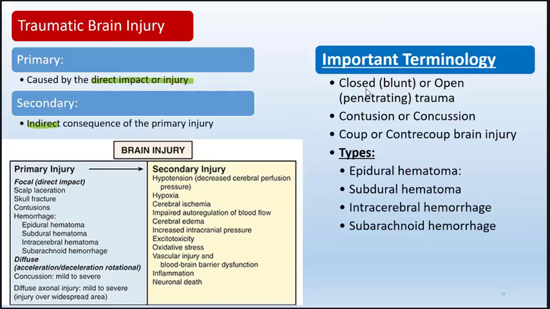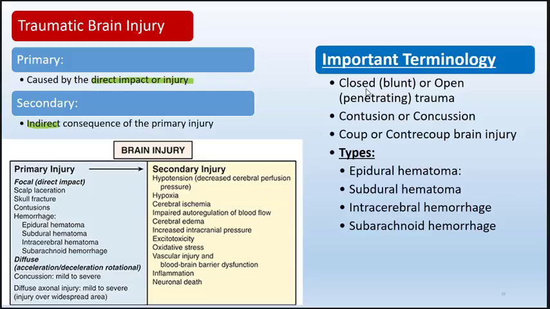So the brain tissues are not exposed to the environment. Now, this can lead to a high risk of cerebral edema. So if there's bleeding within the brain, but there's no break in the skull, then you're going to end up with an increase in intracranial pressure. Most closed traumas that exist, or most blunt traumas, are considered mild in terms of the majority of these injuries.